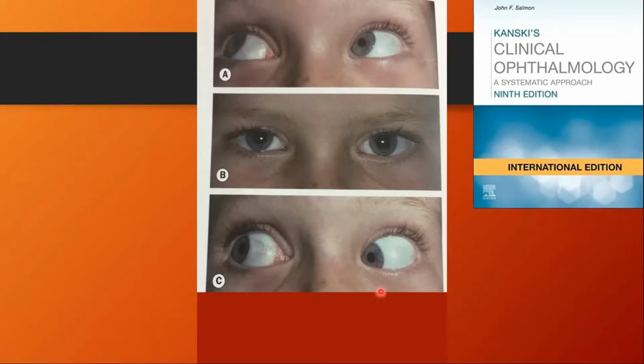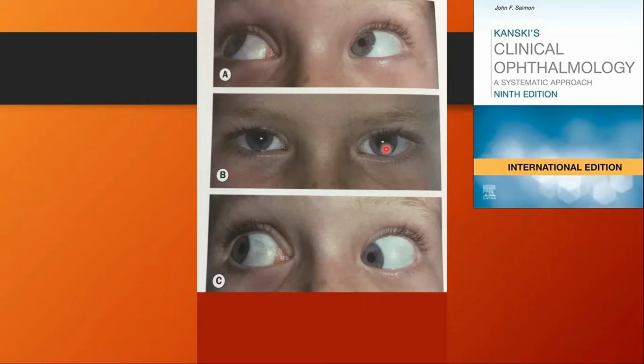And how about the bottom photo? This is dextroversion. There is some downshoot. On dextroversion, there is a slight downshoot. Okay, so you have commented on the ocular alignment and the limitation of movement, but we forgot to comment on the palpebral fissure.